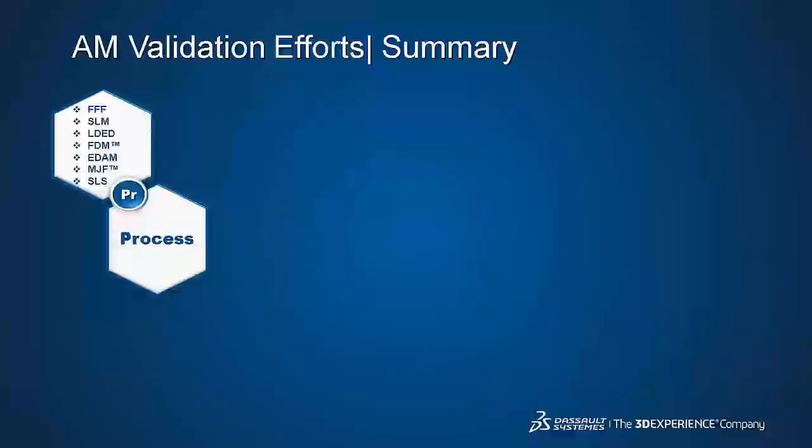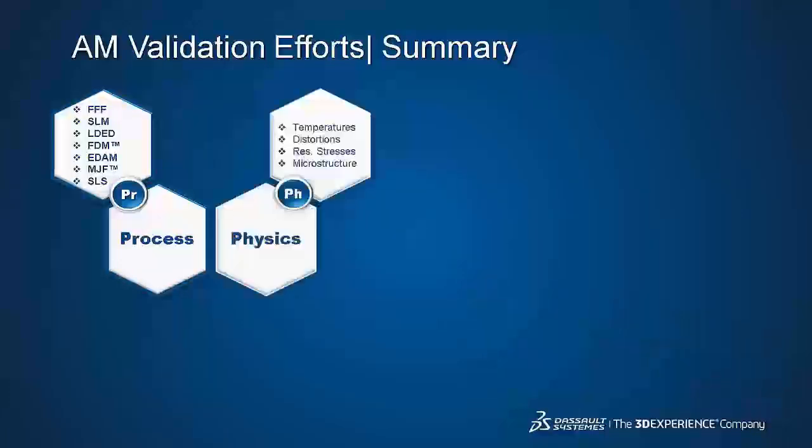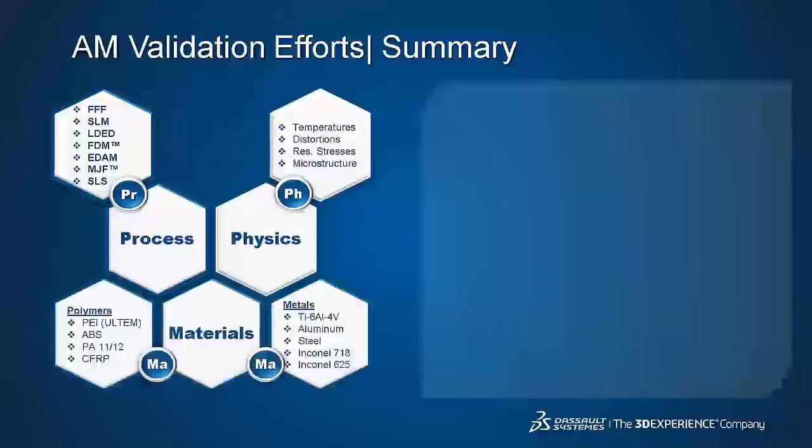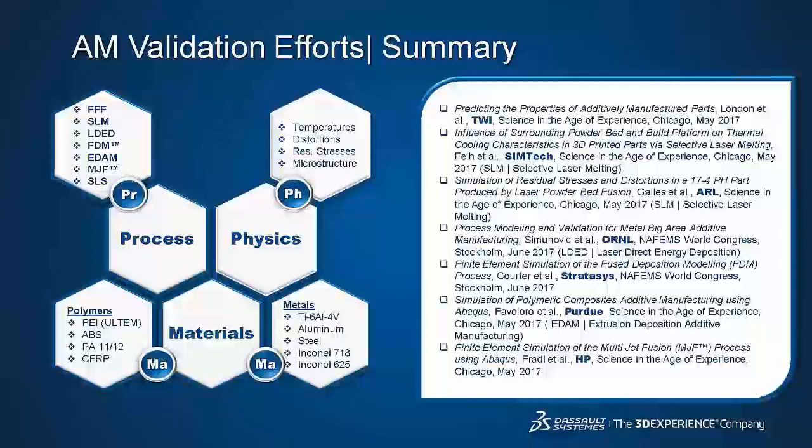Finally, let's talk about validation efforts. Due to the limited time, we cannot show all the validation work, but in short, we validated different processes, including FFF, SLM, LDED, FDM, EDAM, multi-jet fusion (MJF), and SLS, different physics such as temperature, distortion, residual stress and strains, microstructures, and different materials: polymers, metals, or composites.